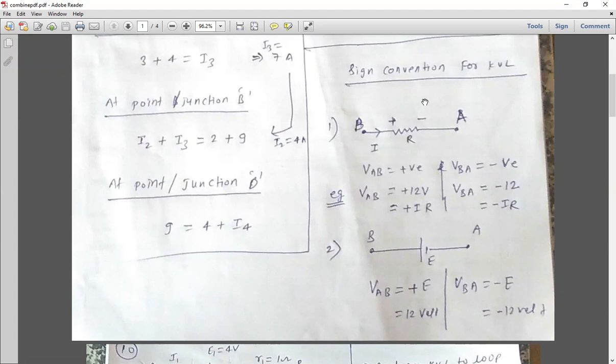If we move from B to A, from positive to negative, then VBA will be negative. For example, if the value is 12 volt, then plus 12 volt and minus 12 volt. If we don't know the value of current and resistance, we just write plus IR when we are moving from negative potential toward higher potential.